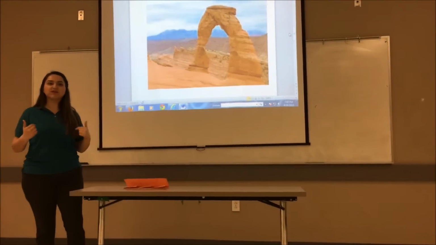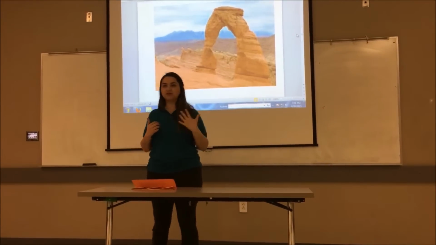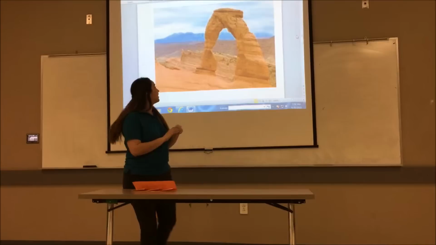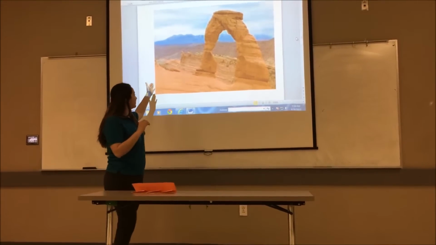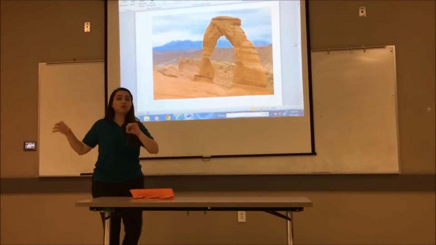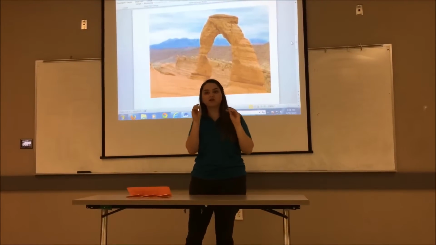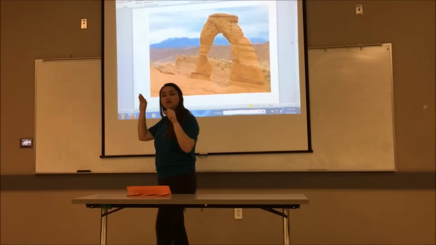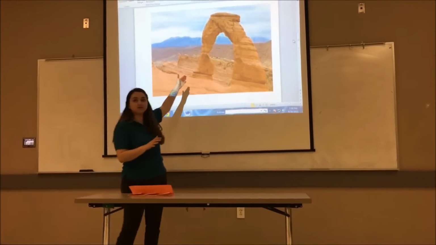Do you all remember the experiment we did yesterday in regards to mechanical weathering? Yes? We saw how, for example, in this case in the desert, when the wind blows, it blows along with sand, right? And the sand has particles. And those particles brush against landforms, in this case, this rock.